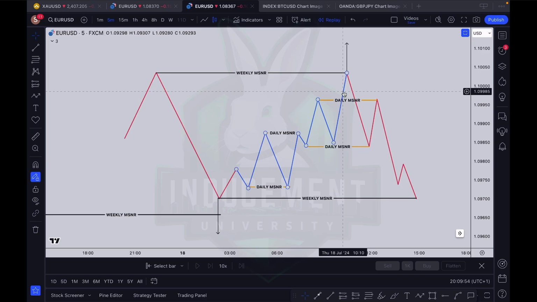So in order for us to start an MSNR cycle or a storyline, we need to first come into an MSNR level. As you can see here, we come into a weekly MSNR level, we wick down, and then we close above. These lines on the chart represent the line chart.